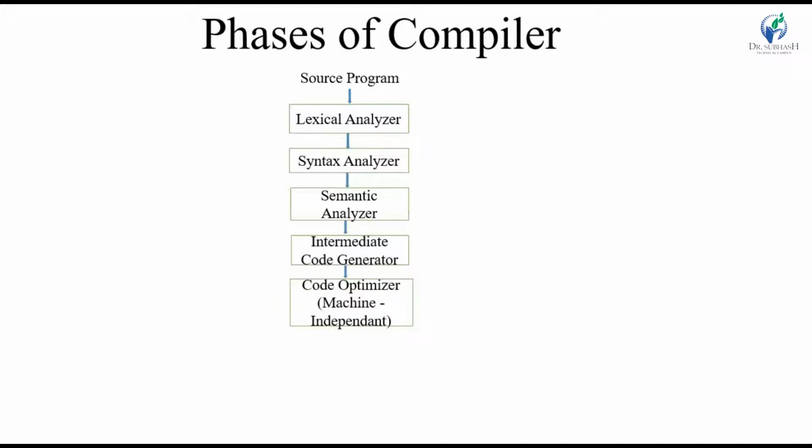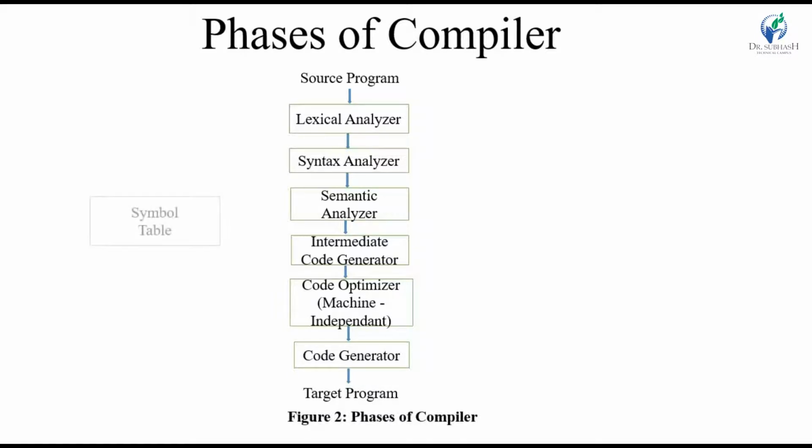The output of code optimizer is given as an input to code generator, and finally your target program is generated. All these phases are connected with symbol table.